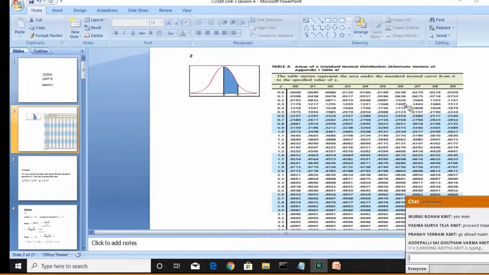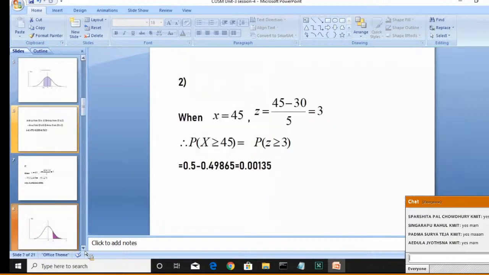I am taking the class for minimum 400 students, not for 40 students. You should give some motivation for me, is it? Can I proceed? Okay, then I will take the previous slide, the slide which we want.